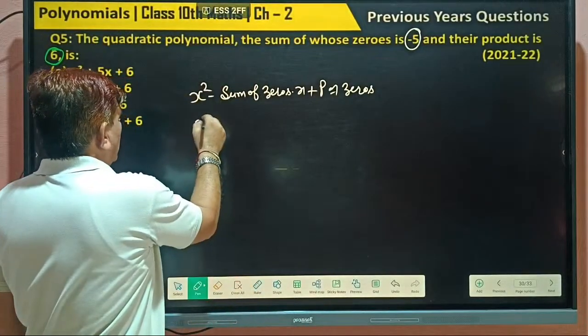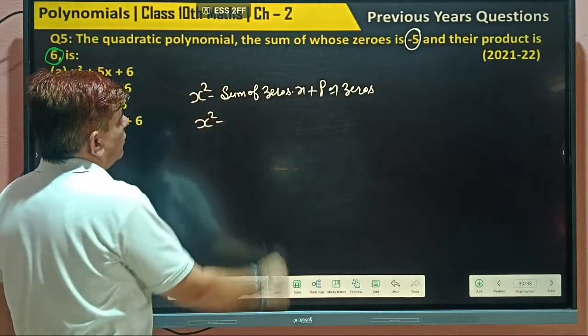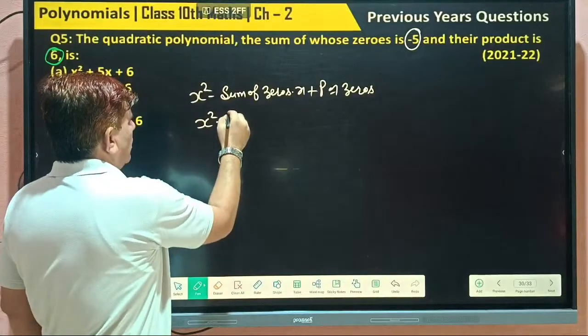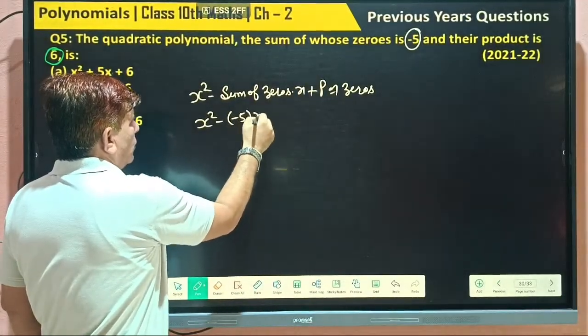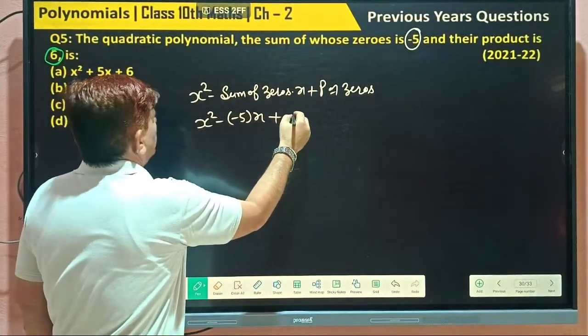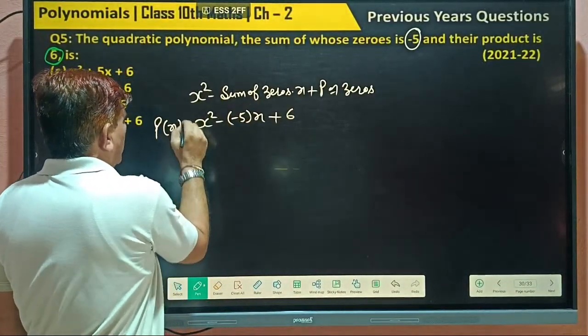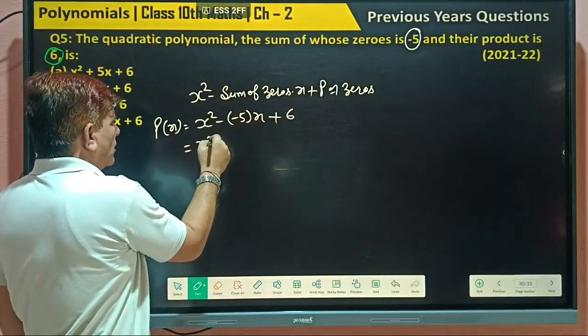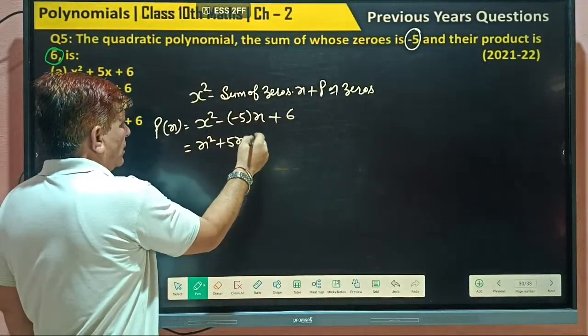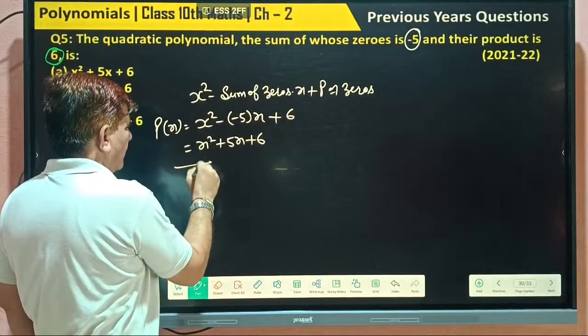So x square, the sum of the zeros is minus 5, minus minus 5 into x, plus the product of the zeros, 6. So the quadratic polynomial becomes x square plus 5x plus 6. That's your answer.